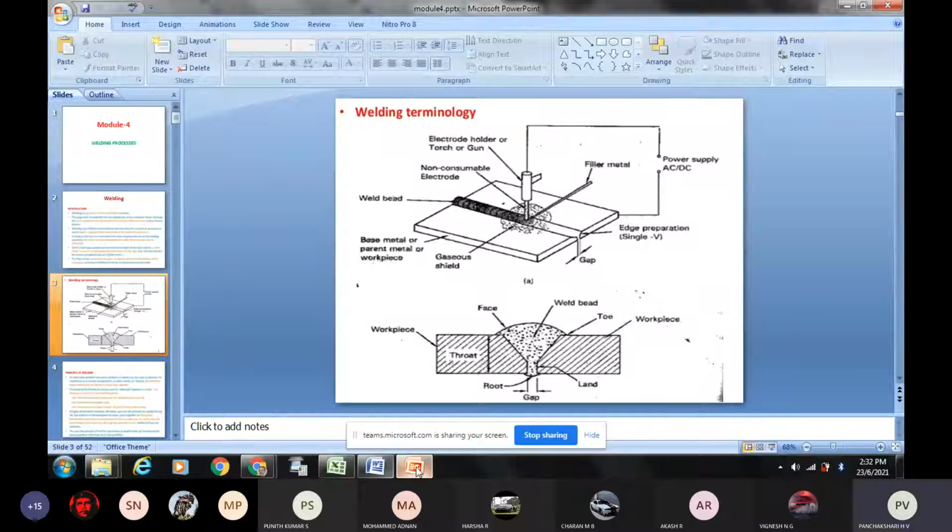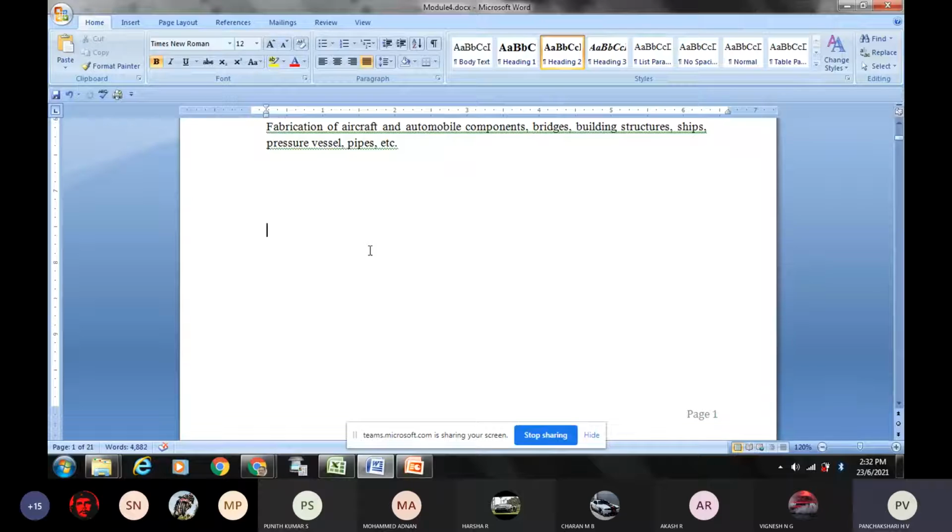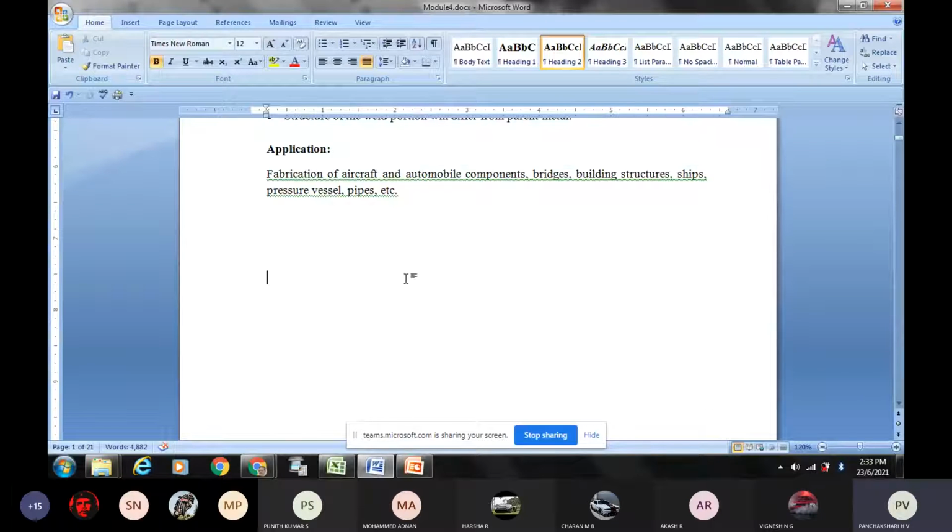So now, these are the advantages and disadvantages of welding basically, and the applications we have already discussed in the previous class. They are used in every part, and welding has become part and parcel of our life. Just like plastic, which we see everywhere, welding has also become compulsory and widely usable at every point.